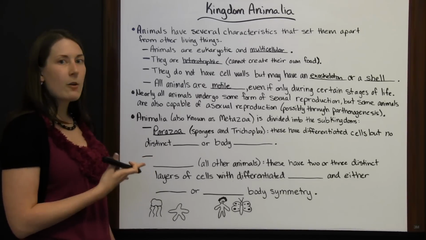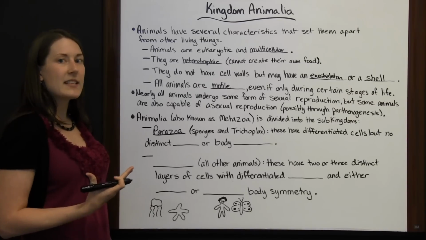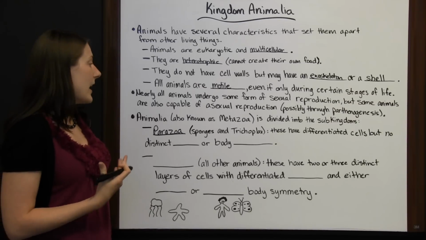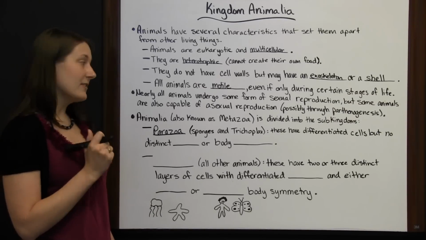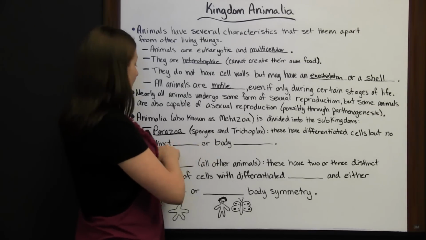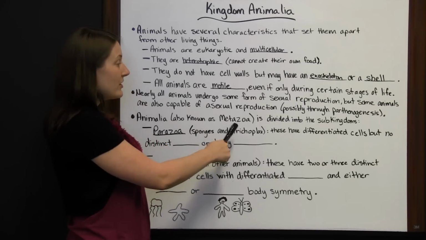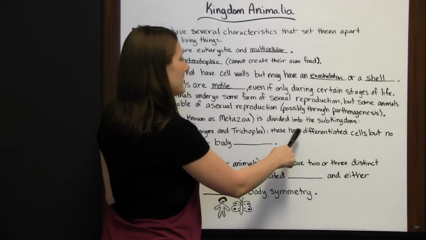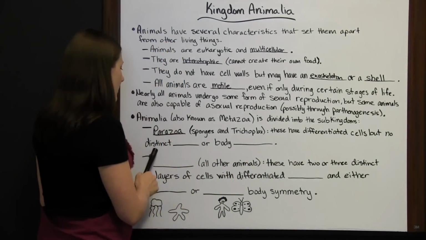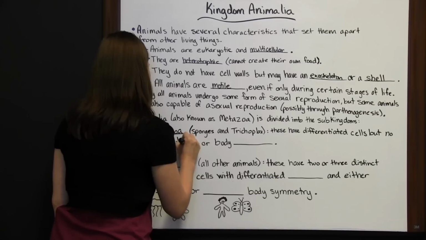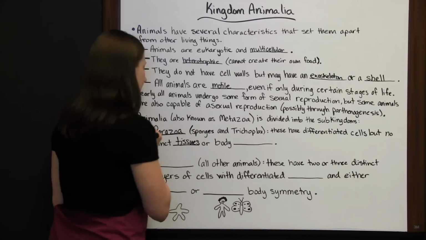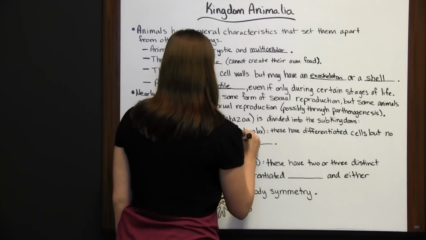It's very flat, but it is still an animal. It does have differentiated cells. It even has some eye cells on it. So Parazoa, such as the sponges and trichoplax, have differentiated cells but no distinct tissue or tissues or body symmetry.